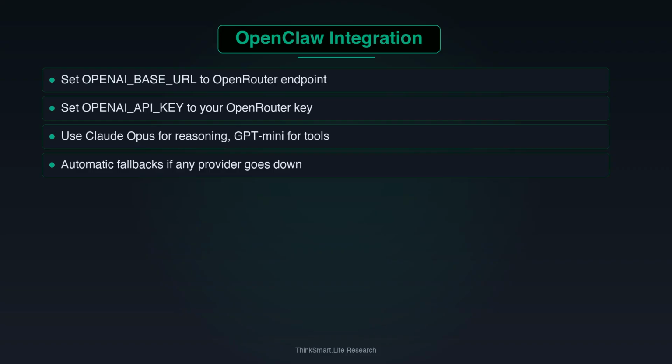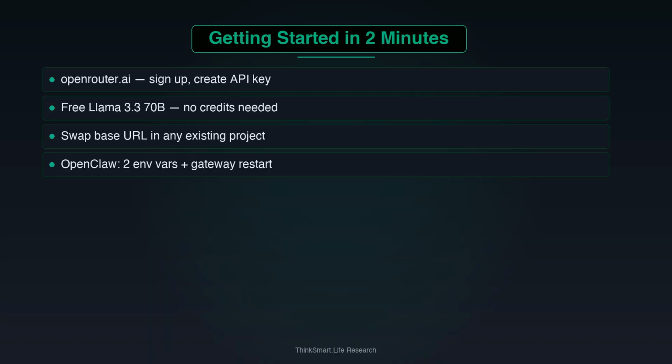Now your agent can use Claude Opus 4 for complex reasoning, GPT-4o Mini for quick tool calls, Gemini 2.5 Pro for research and long context analysis, and DeepSeek for budget batch processing, all without changing a single line of agent code. If Anthropic's API goes down, your agent keeps running automatically through fallbacks. One bill, one dashboard, zero fragility.